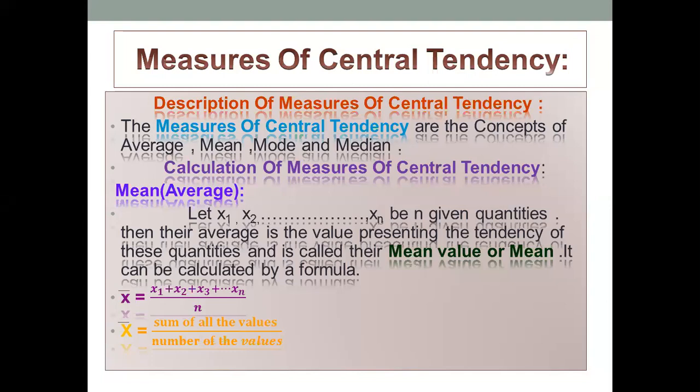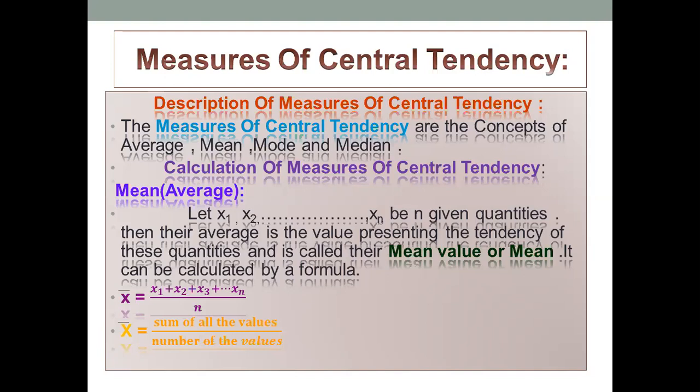These are all types of central tendency, and in this exercise we calculate mean, mode, and median. Although they are all almost types of average, the formula of each of mean, median, and mode is different from the others.